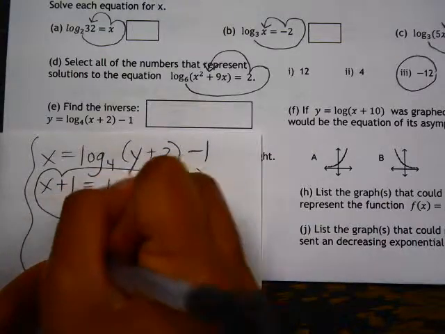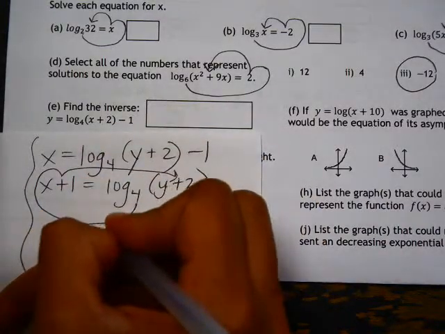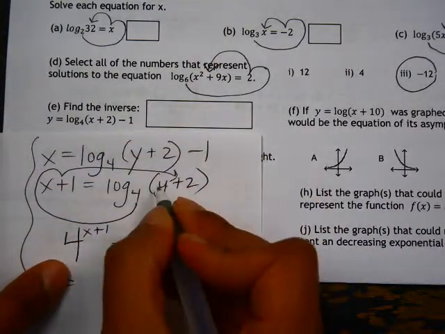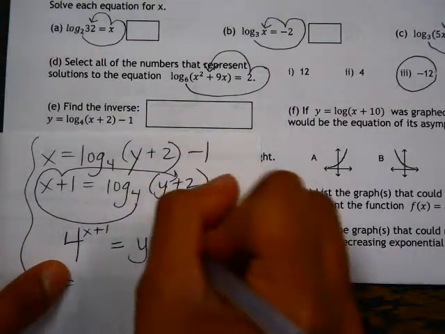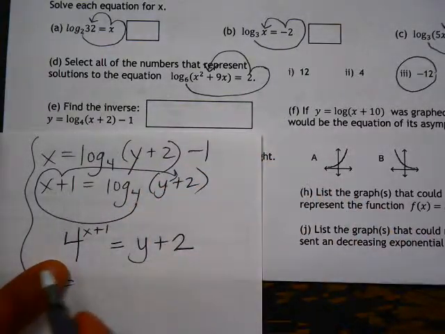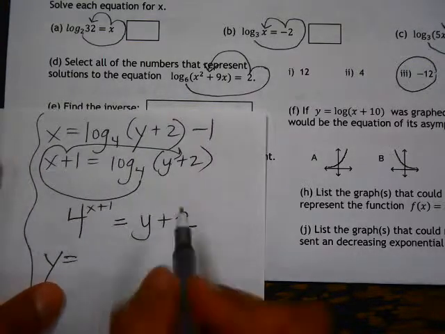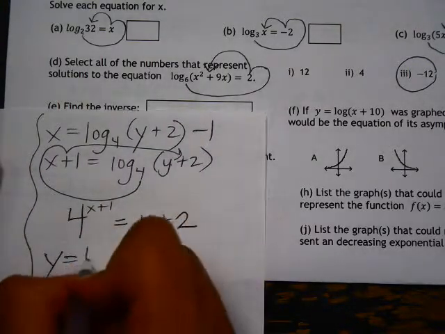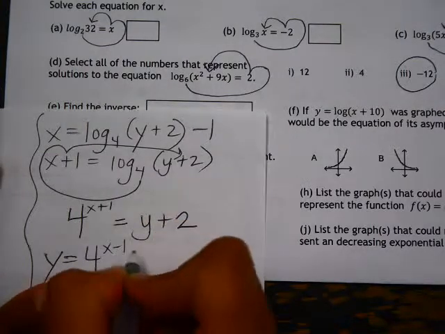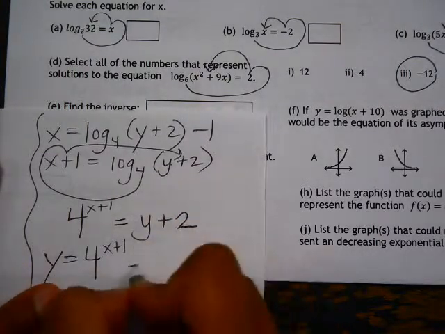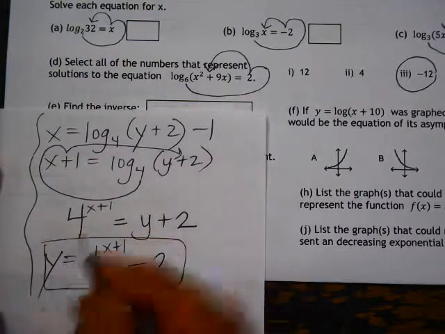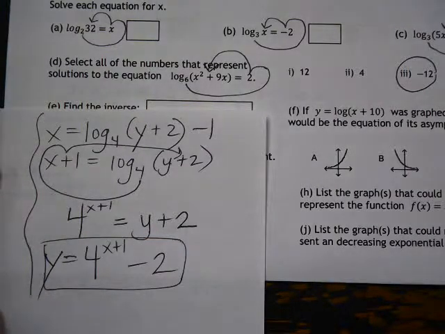So 4 to the power of x plus 1 equals y plus 2. I still don't have the equation as y equals. So my last step here is to subtract the 2. So y equals 4 to the x plus 1, and then subtract 2 from it. So this is the inverse equation.